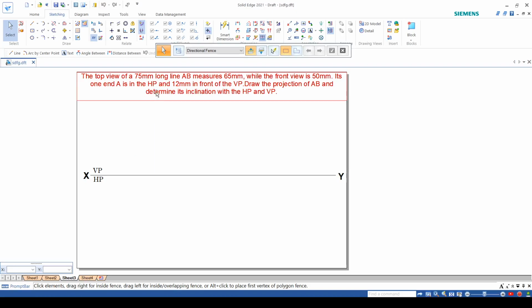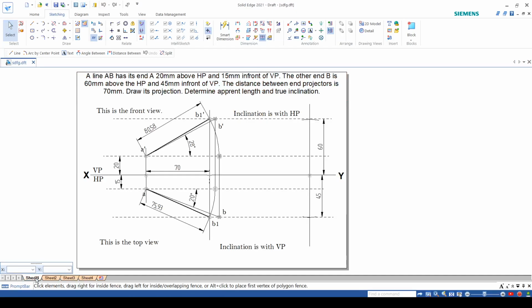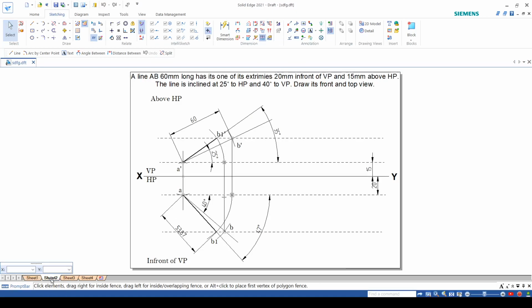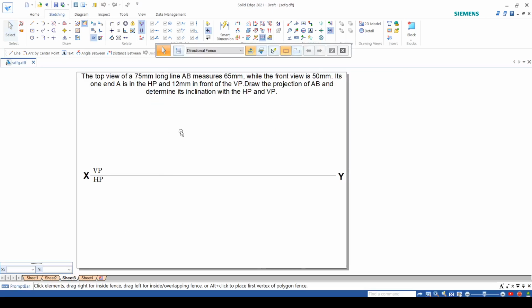It doesn't give any distance from HP; it said in the HP, so we don't have to draw any distance here. But it said in front of VP. Here you can see that it is in front of VP, and this is above HP. It's not given that there is any height above HP, but it's given that it is in front of VP.